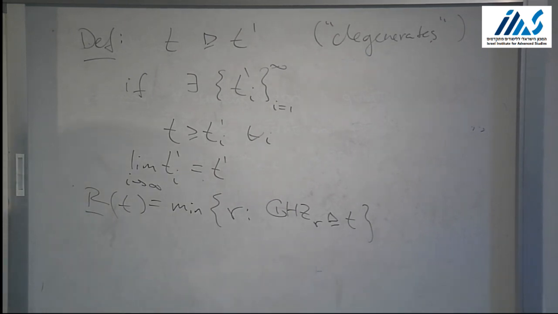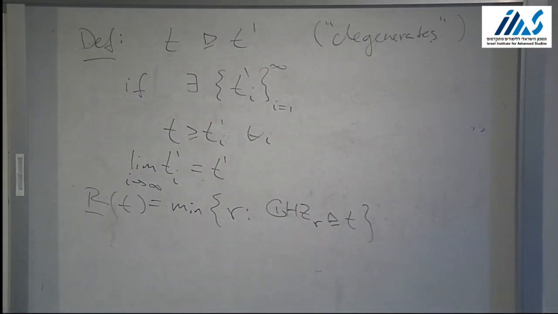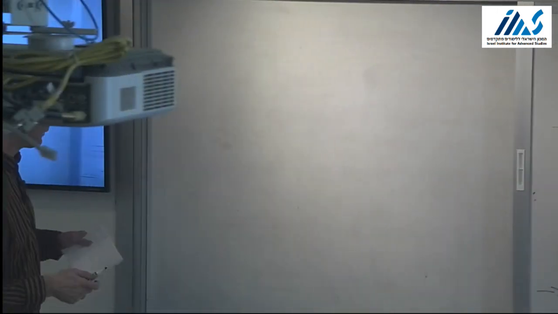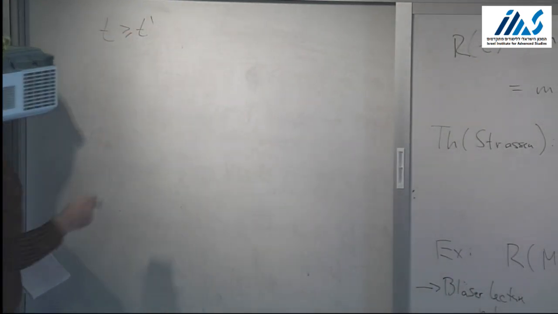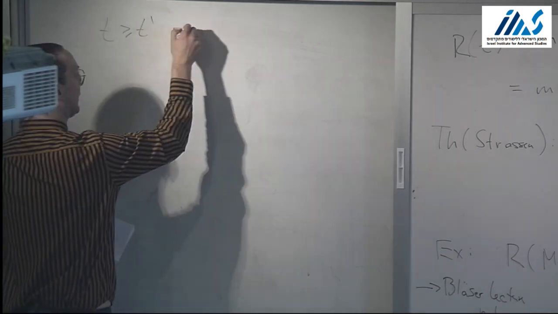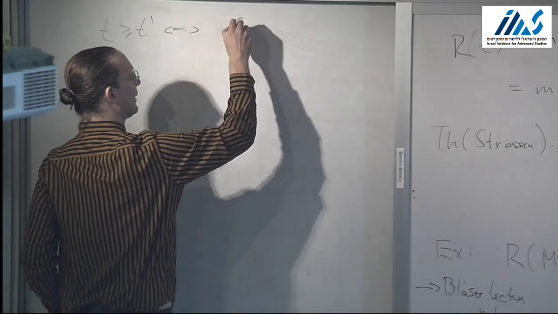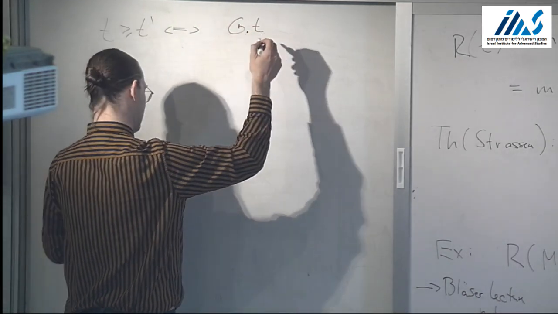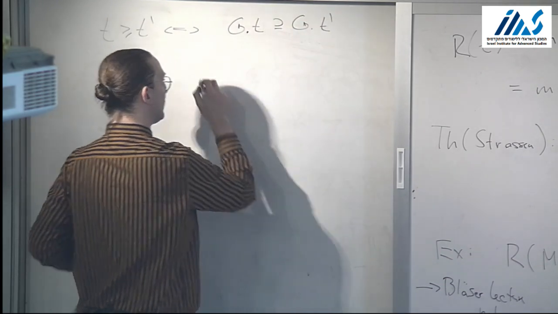Right. Now, what I want to do is tell you, maybe in a minute or two, why this degeneration is kind of nicer than restriction in some sense. So restriction you can formulate equivalently. We're going to write this equivalently as GT contained. What do I mean by that?